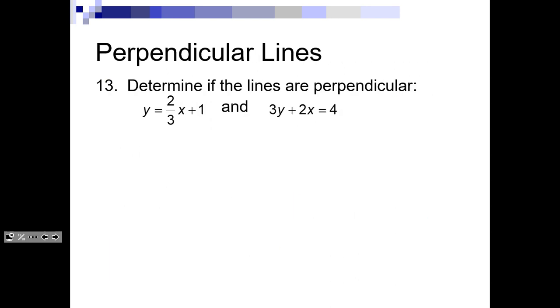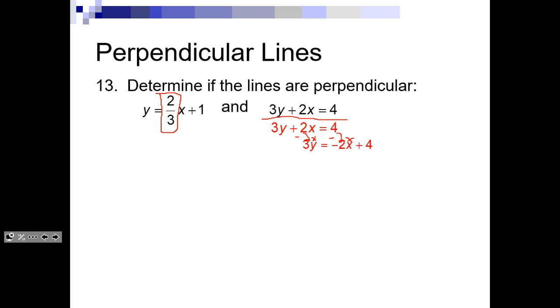So now looking here, we're trying to determine if the lines are perpendicular. And again, we are looking at the slope. This one is not ready to be looking at the slope, so we have to work to find out what this one will be. We end up subtracting the 2x from both sides, just like we did yesterday with parallel lines.